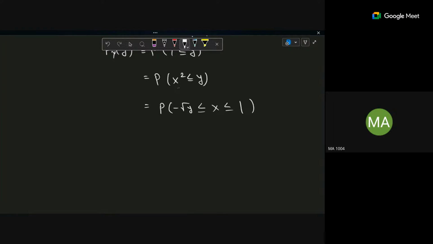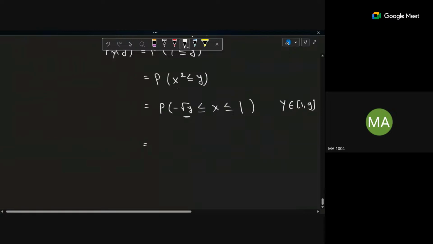I know the values for minus square root y when y ranged from 0 to 1. Now I am interested in y ranging from 1 to 9. So whenever I find the integral from minus square root y to 1, I will not let y get to 1; I will start from -3.